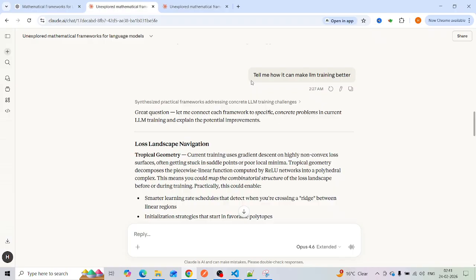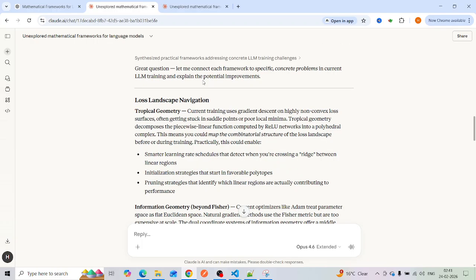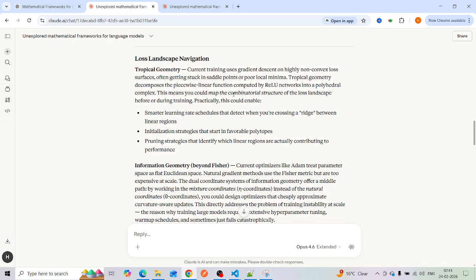Then I asked, tell me how it can make LLM training better. Great question, let me connect each framework to specific concrete problems in current LLM training and explain the potential improvements. Then we have loss landscape navigation, tropical geometry.